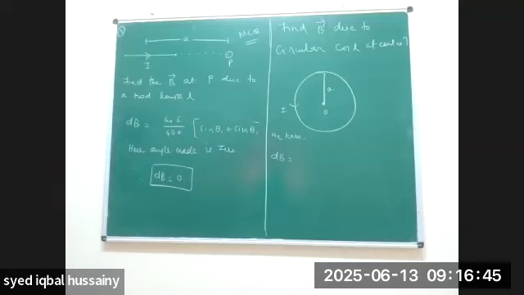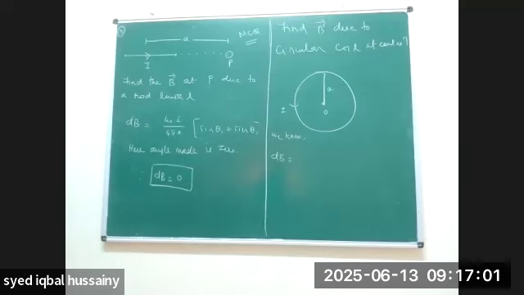Sir, infinite. Infinite. Right, no problem. Nothing to worry about, even if it is wrong, tell me. Just say it. Sir, is it infinite? What, son? I'm not getting your voice. No, infinite magnetic field, no.